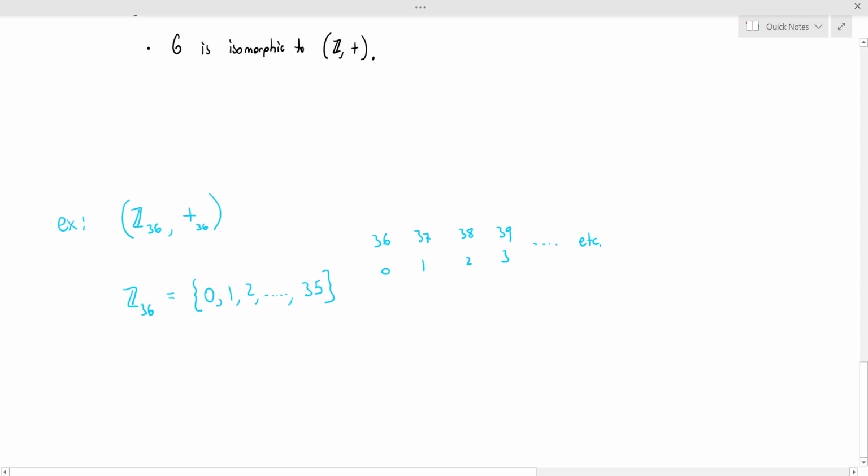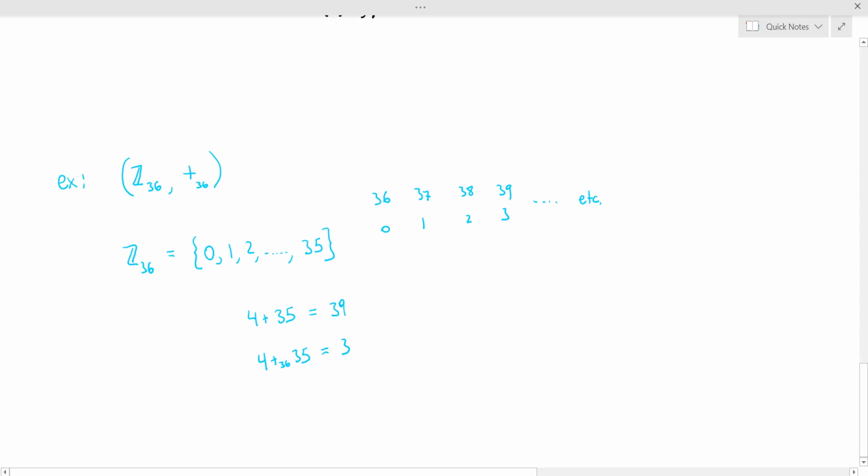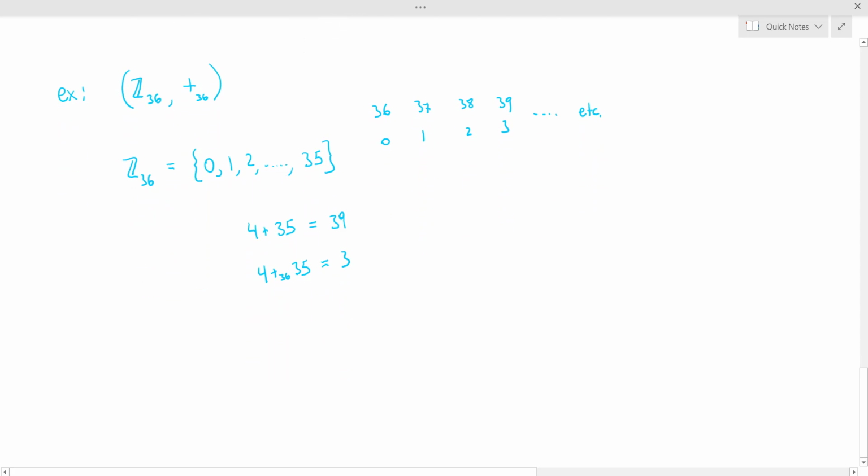For instance, if you do 4 plus 35, okay. So 4 plus 35 is 39, but we would say that 39 is equal to 3 because we're doing addition modulo 36. So really 4 plus 35 in this group would be equal to 3 rather than 39, okay? So that's how this group and the group operation work.